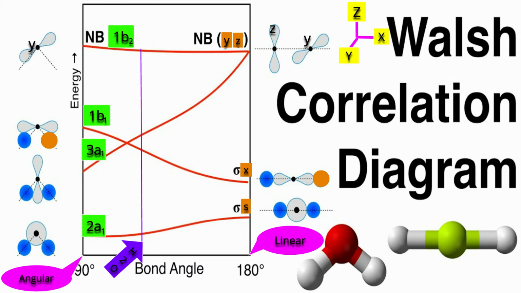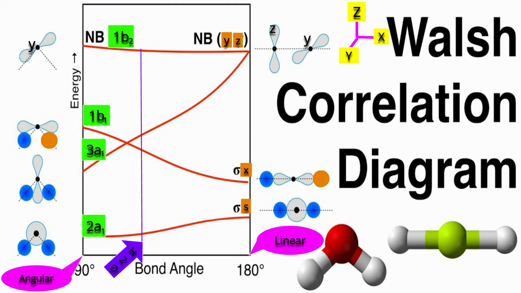For a linear molecule, we are considering the point group as D infinity h, and for angular, that point group will be C2v. For a linear molecule, the bond angle will be 180 degrees, and for an angular molecule the bond angle can come down up to 90 degrees. Variation in bond angle may be possible.